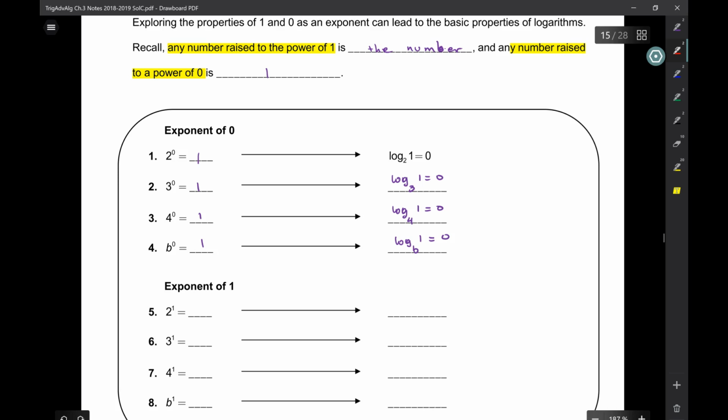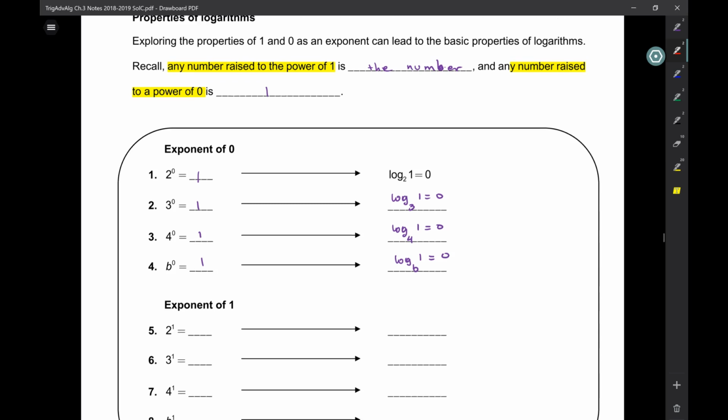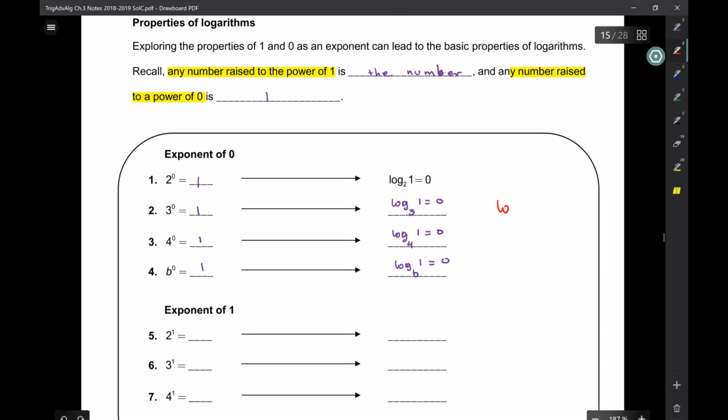If I just have this, what am I asking for? I'm asking 3 to the power of what will give you 1, and that's 0. So that's one inference we just made: log of 1 to any base B is always 0.